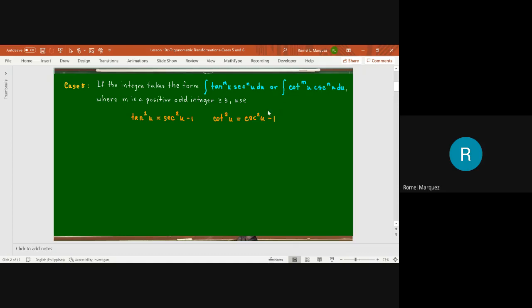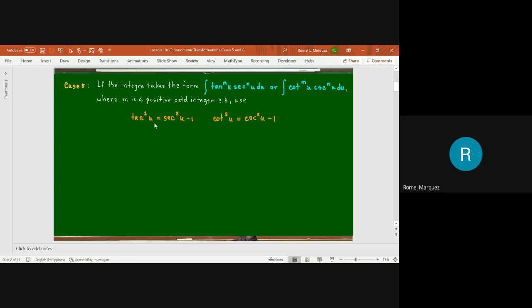Okay? So you're going to get one tangent from tangent to the m, and then one secant from secant to the n, and that will serve as the derivative of secant later, together with du, the differential of secant. And then the remaining, which is in terms of tangent, you form a quadratic power, and then replace it by its corresponding identity, either this one or this one, depending on whether it is a quadratic power of tangent or of cotangent.